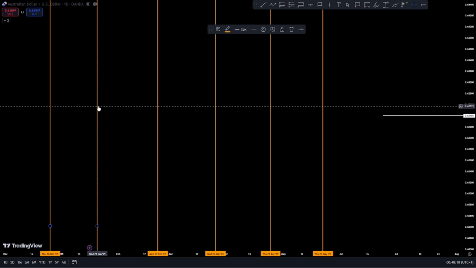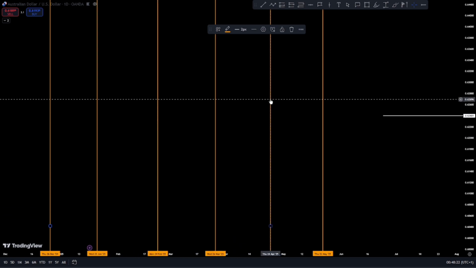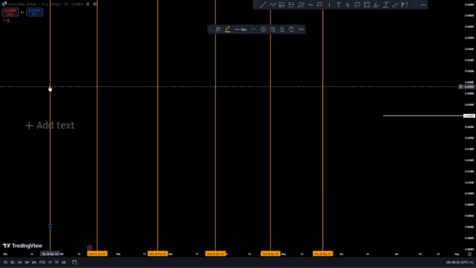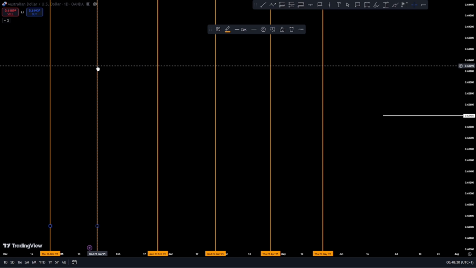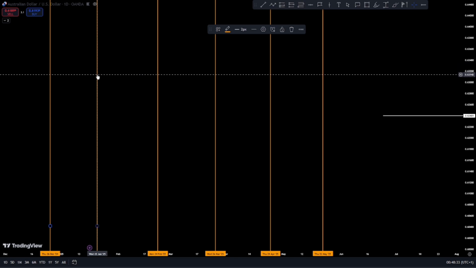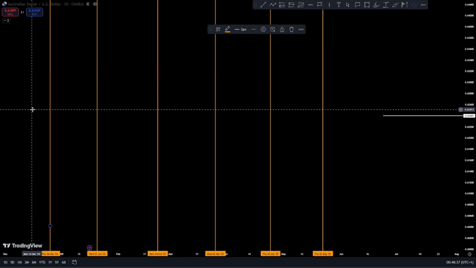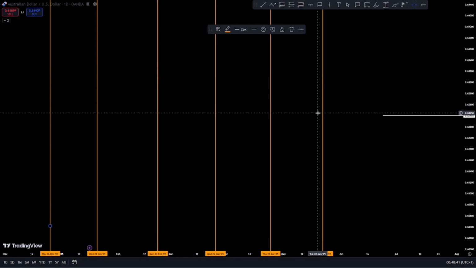Then price opens from 23 o'clock to 23 o'clock, like that. So from here to here, this is the opening, this is the close. Remember, a candle opens where the previous candle closed. So this is the opening, this is the close based on daily. I'll call this Monday, Tuesday, Wednesday, Thursday, Friday.